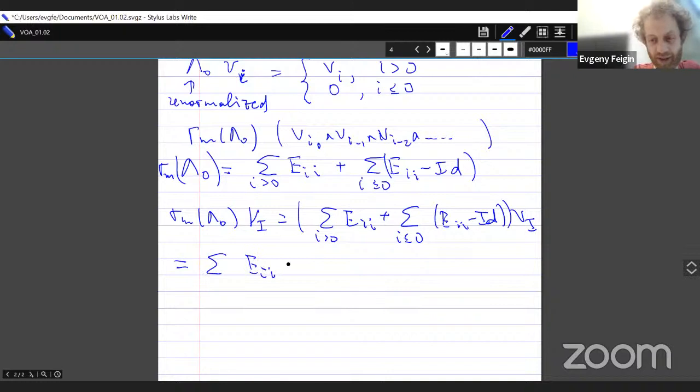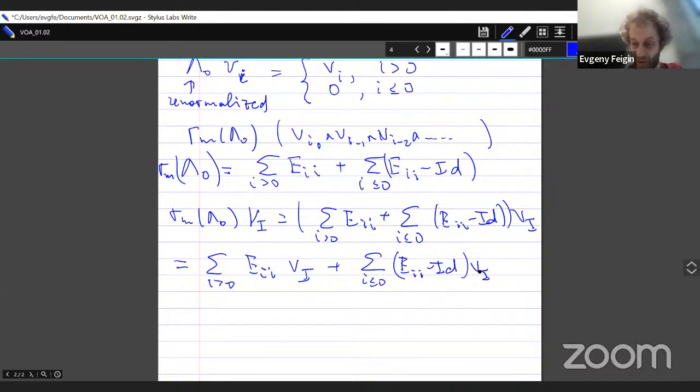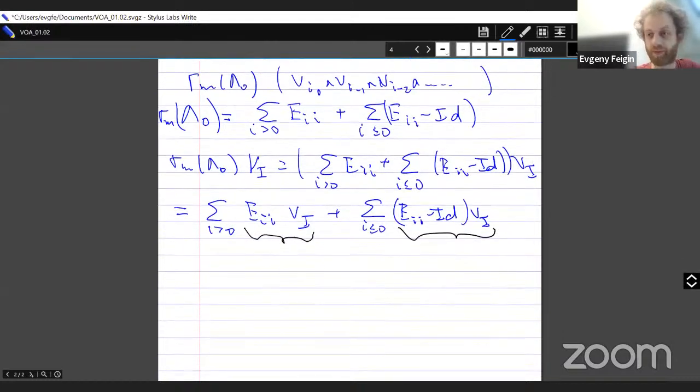Oh, we can just write it like this. So please have a look. Okay. So we have several terms, and let's look separately at each term. So this equals Vi if i in I, and equals 0 if i not in I, right?